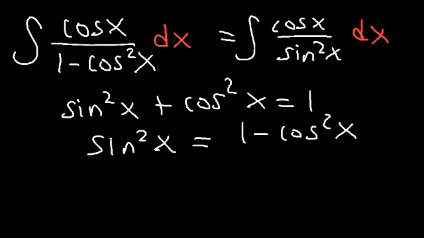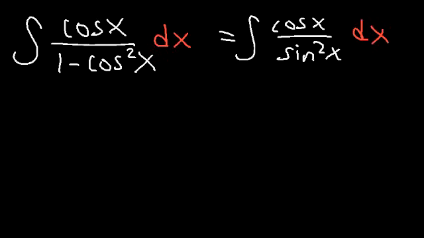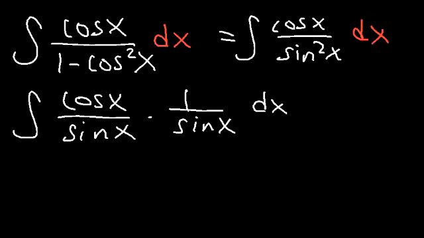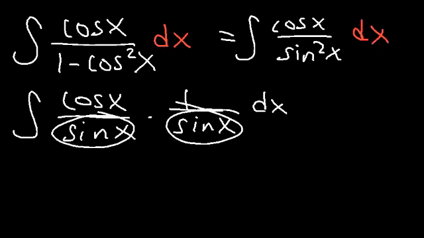Now what would you do at this point? What is our next step? Now it might be helpful to split this expression and rewrite it. Sine squared is basically sine times sine. So cosine over sine squared is equivalent to cosine over sine times 1 over sine, since sine times sine is sine squared.